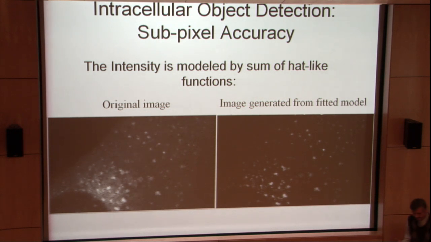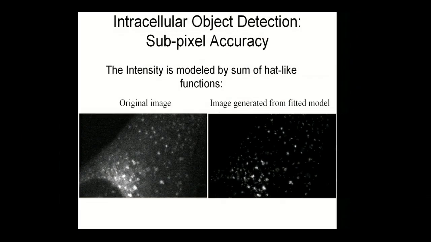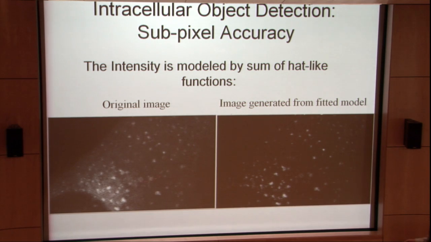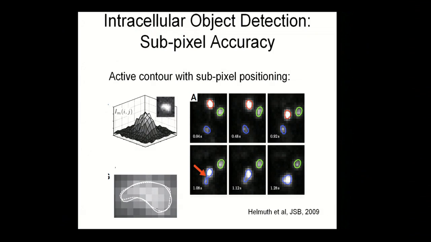Second, it has high dynamic range. The dimmest object found in this area is 2 orders of magnitude dimmer than this one, and all of them are captured. It is also quite robust to the relatively high background from the fluorescent protein which is not bound to the endosome. So everything works more or less well.